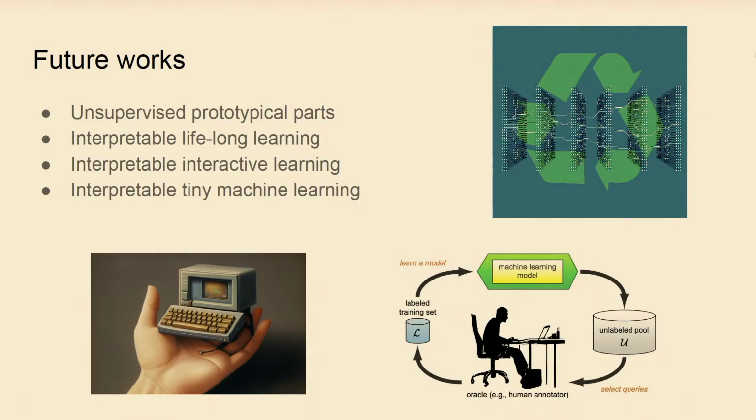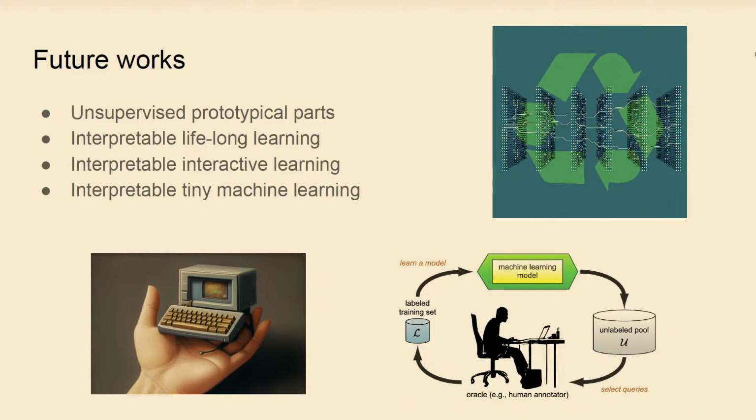The next one is how to introduce interaction into the process, right? Because sometimes the prototypes are useless from the human point of view. So humans should be able to say that they should be removed, they should not be used during the training, right?